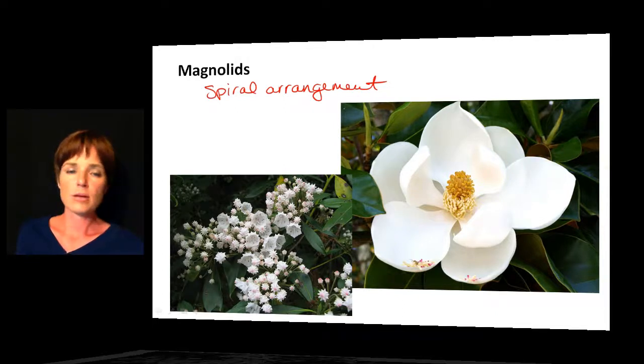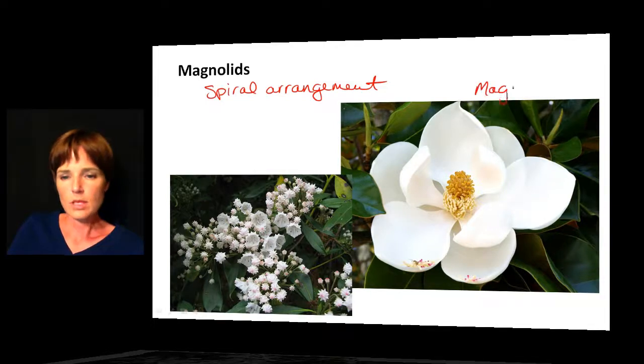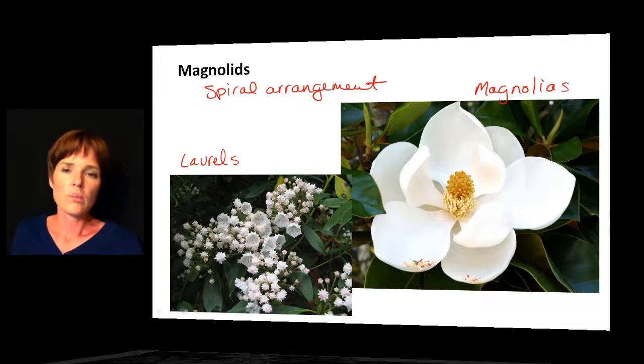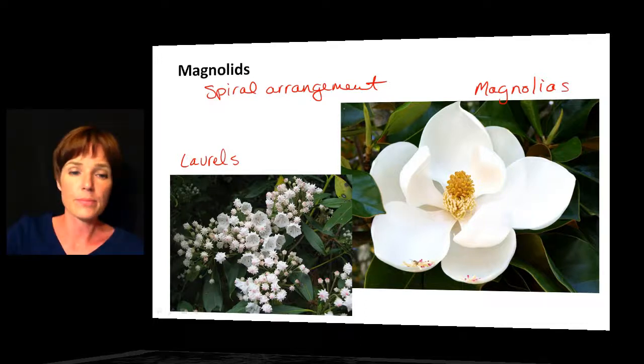So both the magnoliids and the basal angiosperms will have this spiral arrangement to the floral organs. From the name, we do have magnolias in this group. And we also have laurels, which you're seeing down here at the bottom. There's not a whole lot of plants that fall into this magnoliids category.